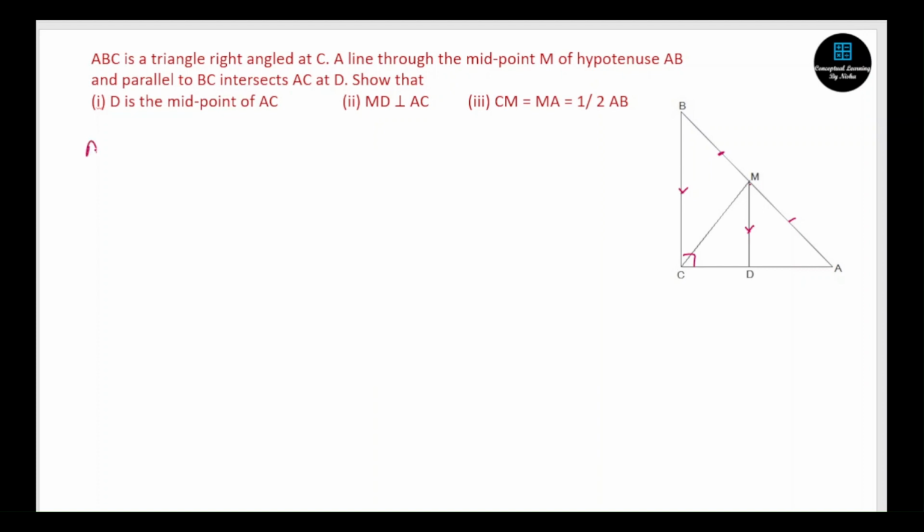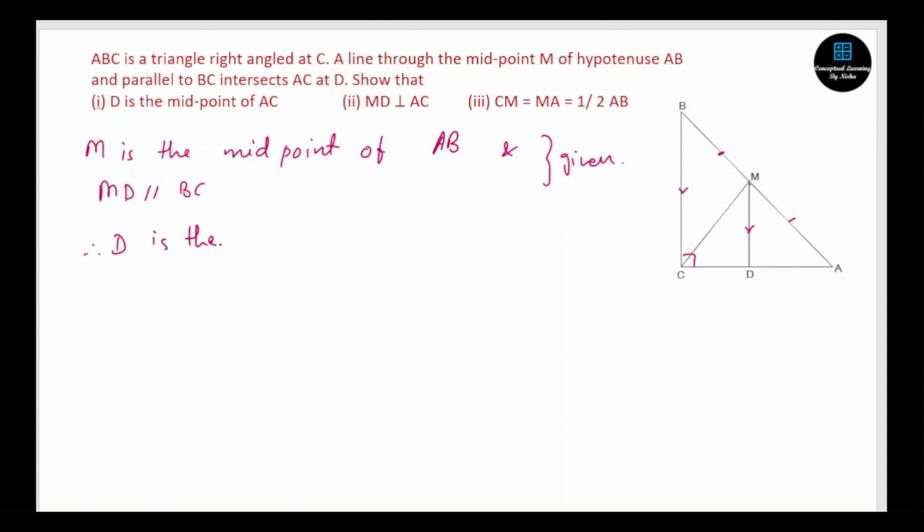So, M is the midpoint of AB. And what I can say, MD is parallel to BC. Given. These both are given, right? So, what I can say, therefore, D is the midpoint of AC.